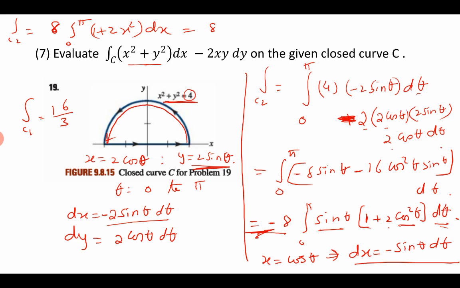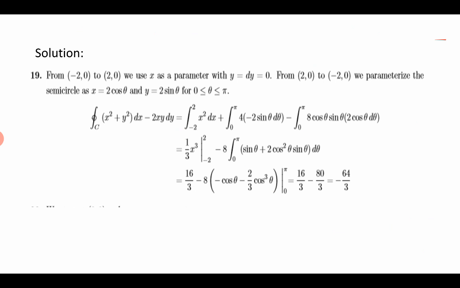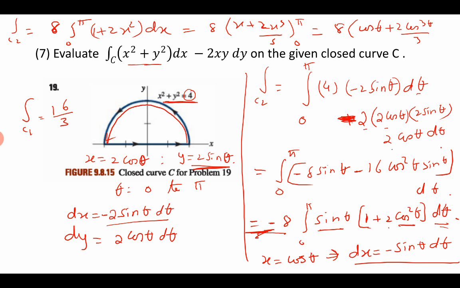Now integrate it, 8 is outside, x plus 2x cube over 3 from 0 to pi, and replace x as cosine theta: 8 cosine theta plus 2 cosine cube theta divided by 3 from 0 to pi.